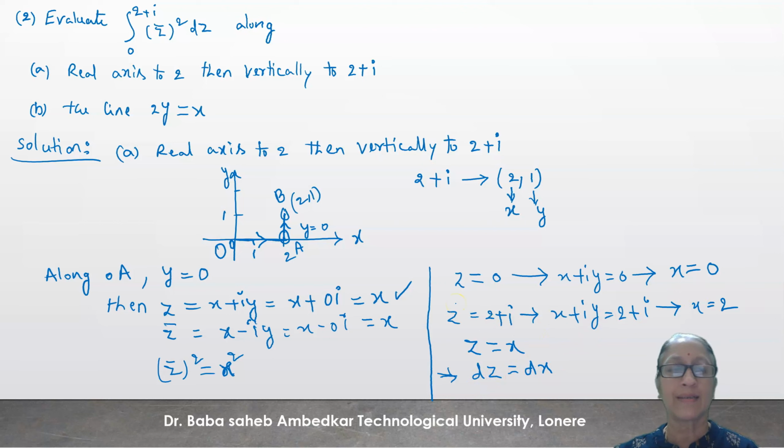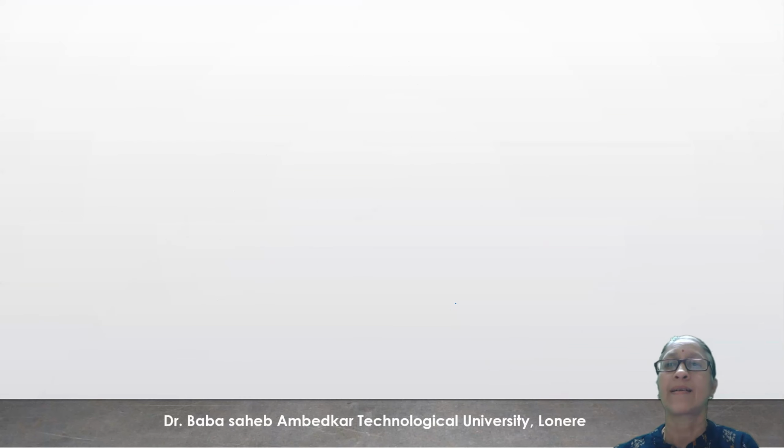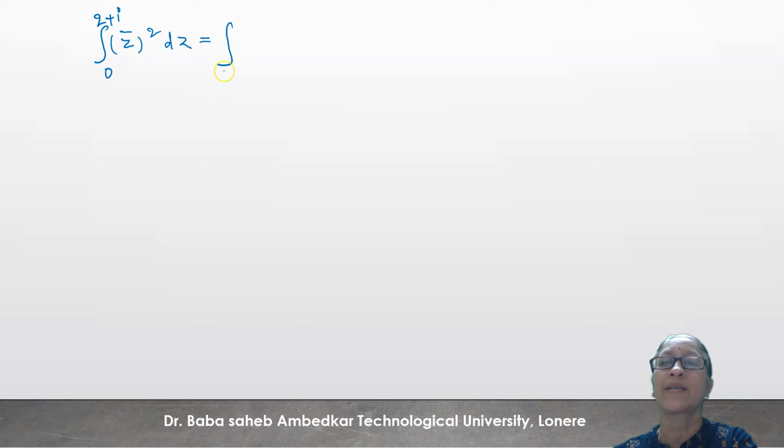Now let us write this integral. Integral 0 to 2 plus i of conjugate of z squared dz equals the integration from 0 to 2 of x squared dx, since dz equals dx.